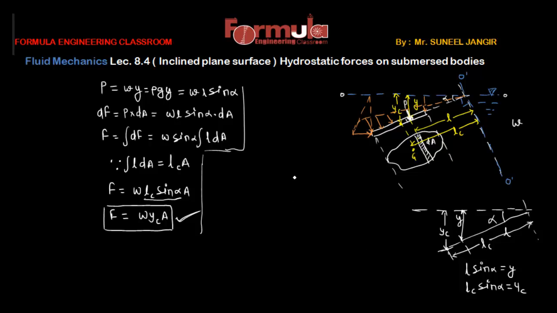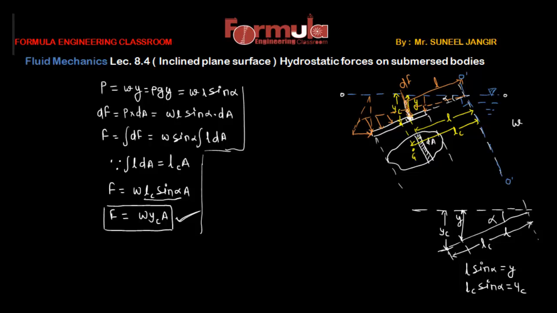Let's first say there is this elementary force, W L sine alpha dA. This is exerted over, or normal to, this plane surface. This is the elementary force dF, exerted over here, and this force has a distance L from this imaginary surface O dash O dash. This is L over here.